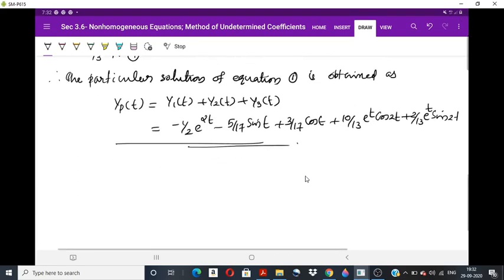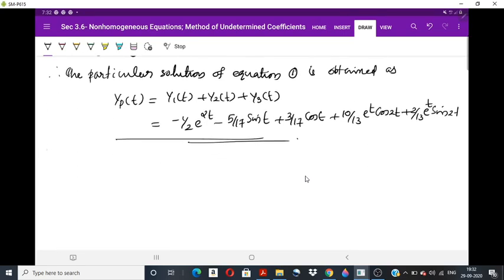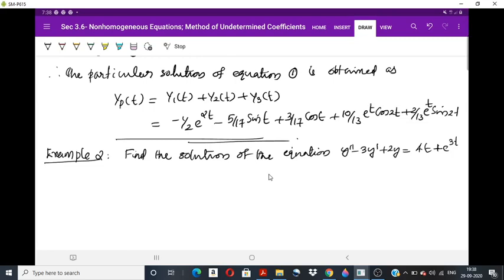Next we do another example. The problem is find the solution of the equation y double dash minus 3y dash plus 2y equal to 4t plus e raised to 3t.